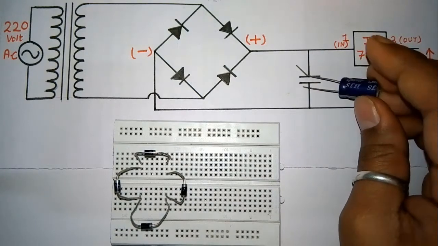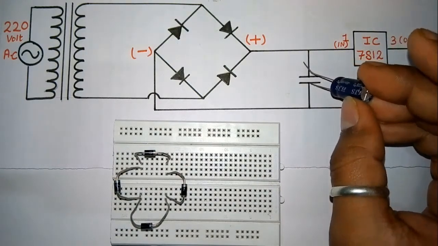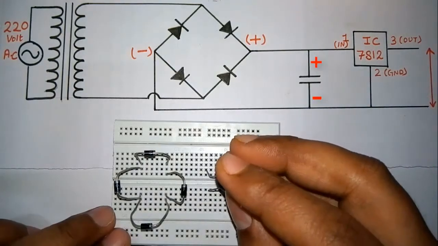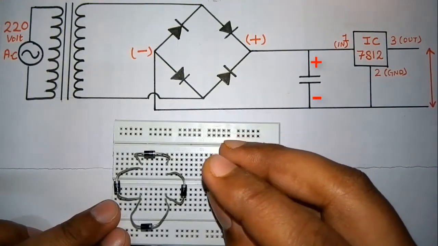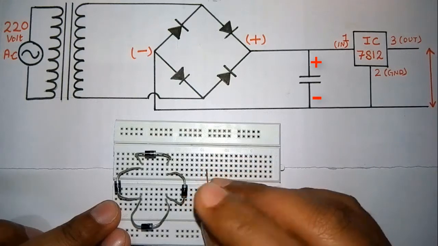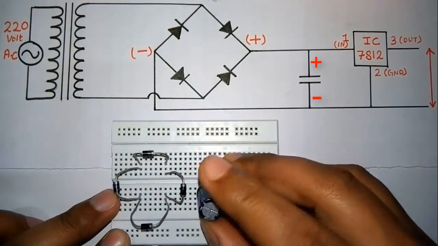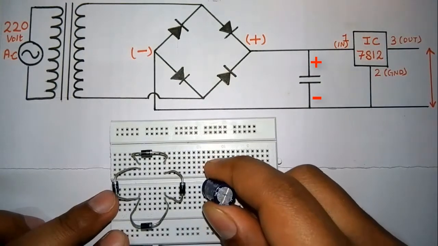I will arrange it in this way, positive to positive and negative to negative. I'm going to arrange the positive leg first and then the negative leg. Yes, all done.